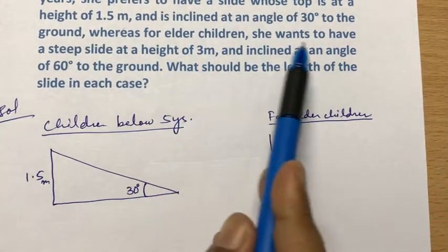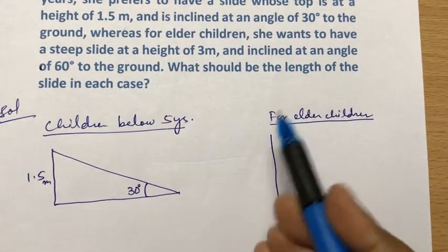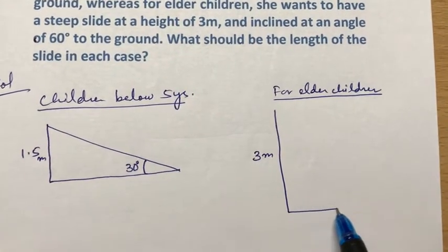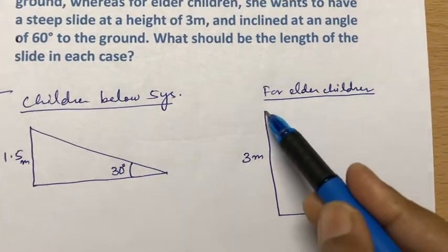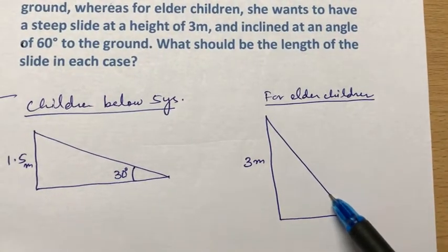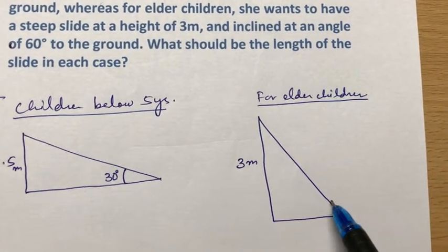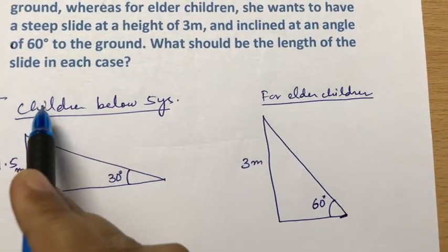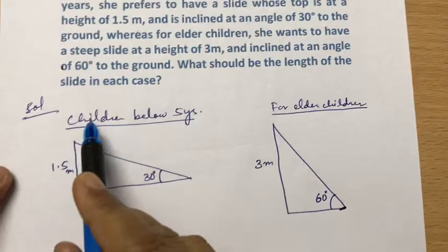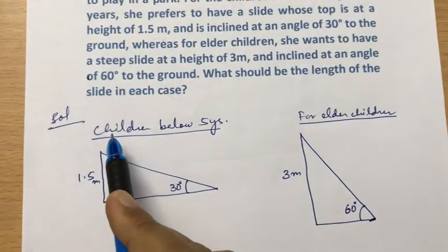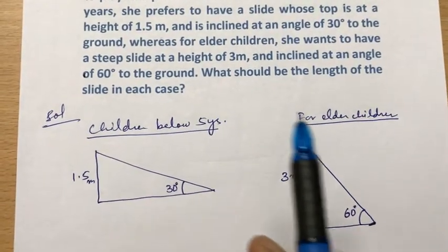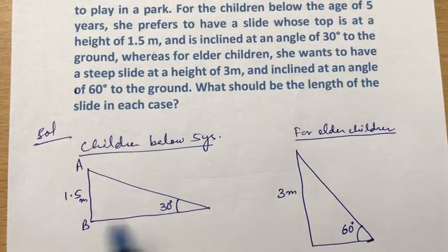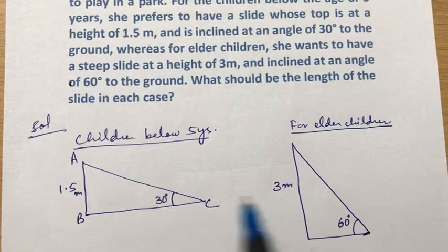See, she wants to have a steep slide at a height of 3 meter, and it is inclined at an angle of 60 degree to the ground. What should be the length in each case? Okay, so that means they are asking, suppose A, B, C, then what is AC?